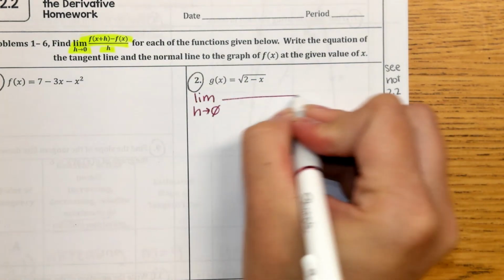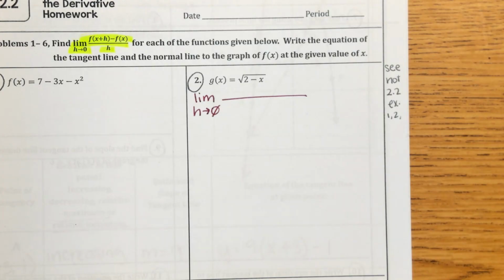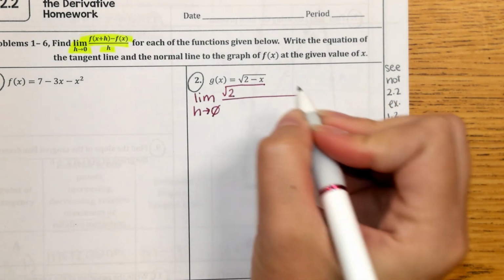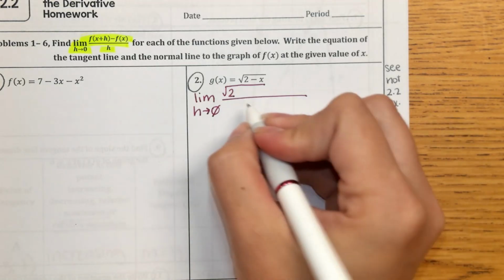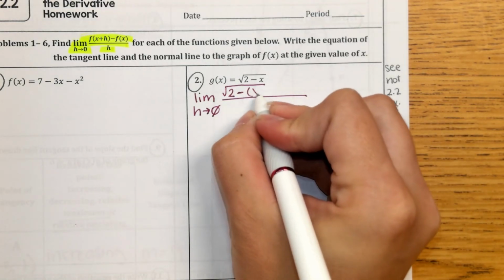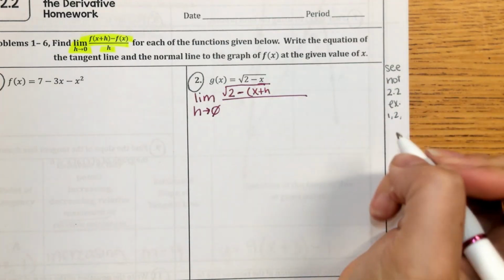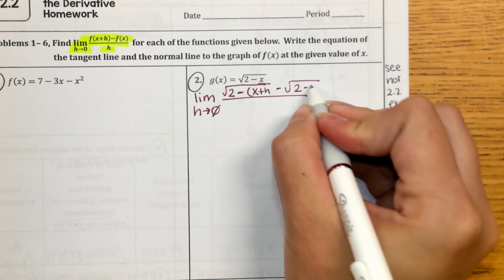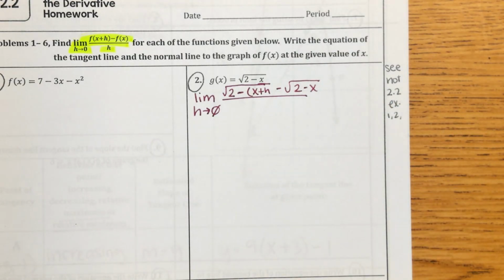So we're doing our limit as h approaches 0. Remember, wherever you see that variable, you're going to plug in x plus h, and then you're going to subtract and do your normal f of x.